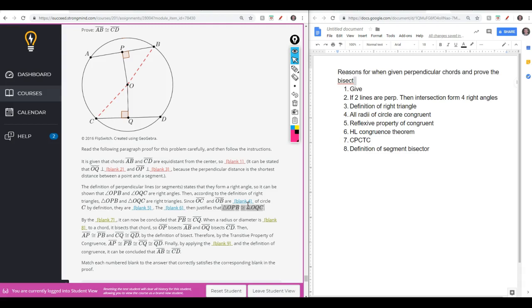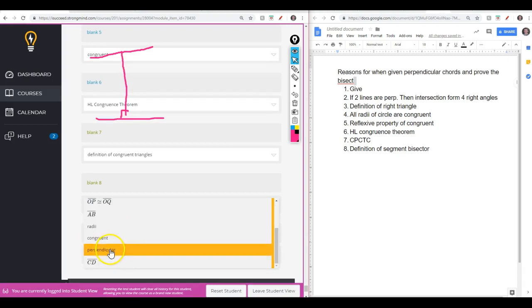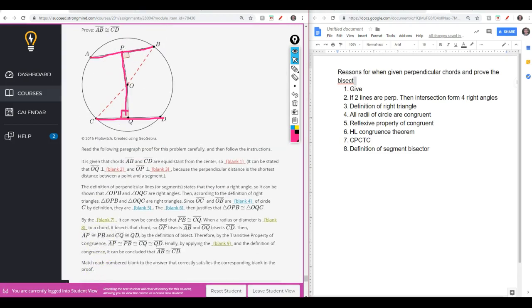So I'm looking for a radius and a diameter that they've been talking about, and they've been talking about segments OP and OQ, and I'm looking for what to a chord. So we have two chords, AB and CD. These radii, notice they are marked perpendicular. So that's what I'm going to lean towards. So for blank 8, I'm looking for perpendicular. And then we're down to 1.